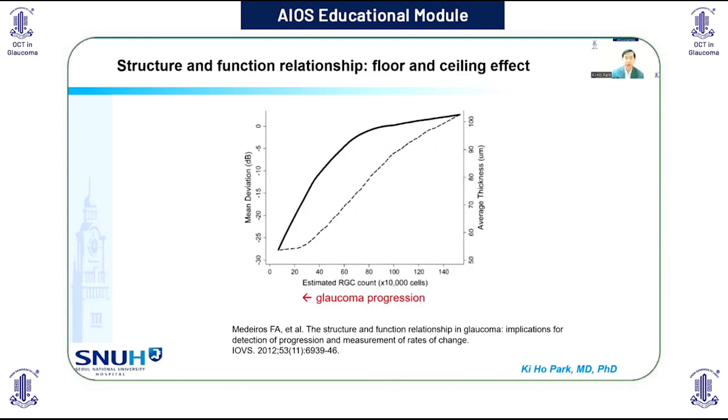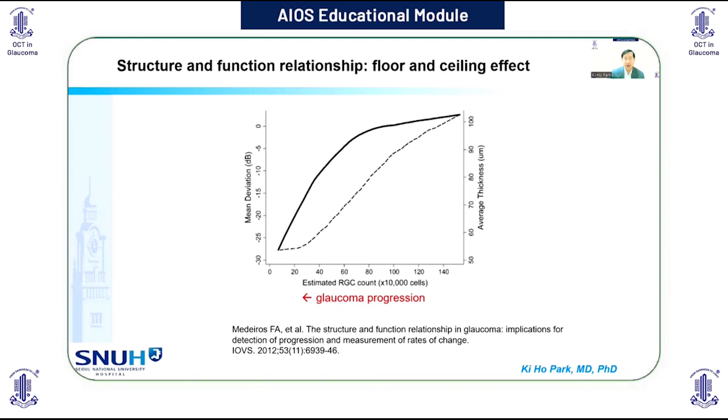So this is the structure and function relationship modified by Dr. Madero's paper. At the beginning, this graph is glaucoma progression according to the visual field and retinal nerve fiber layer thickness.